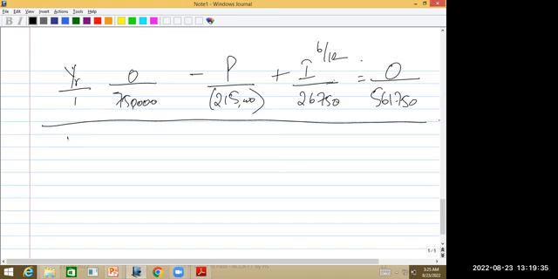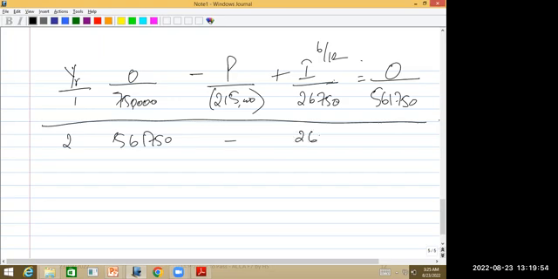For the second year, obligation at start is 561,750. Then there will be no payment in the first 6 months of the second year.